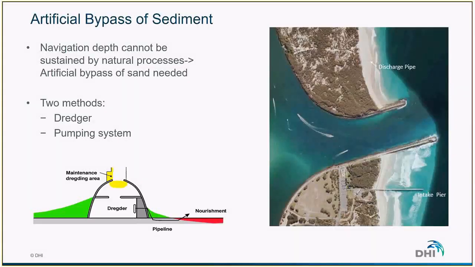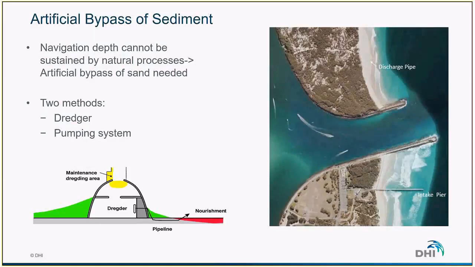Another way of bypassing the sediment is by using large structures, as illustrated on the aerial picture that is shown here. This is a picture taken in the Gold Coast. This is the entrance of the Gold Coast Seaway, where we have these two large structures that block the littoral drift.